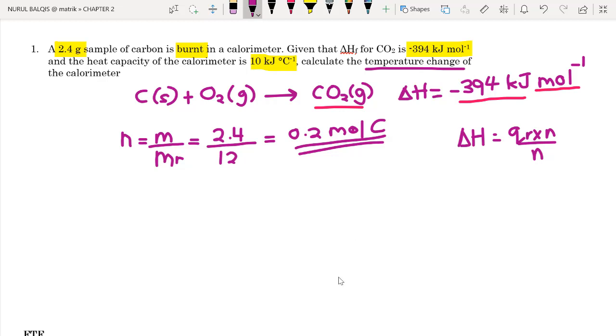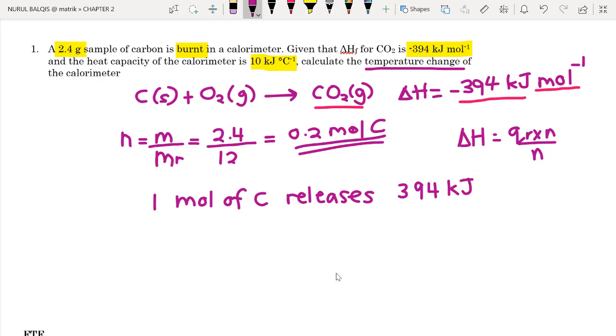So we know 1 mole of C releases 394 kilojoule. How much energy will be released from 0.2 mole of carbon?